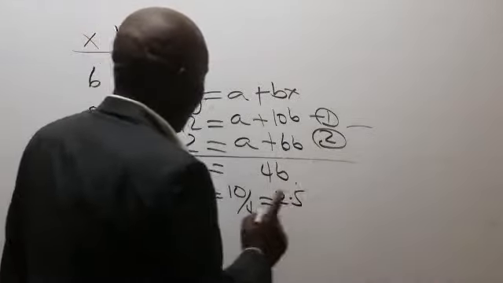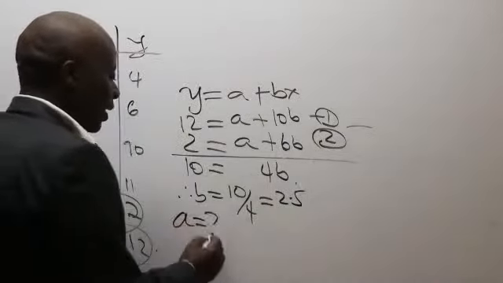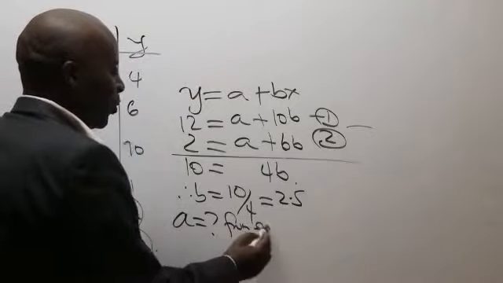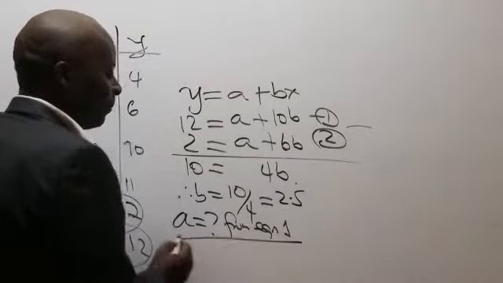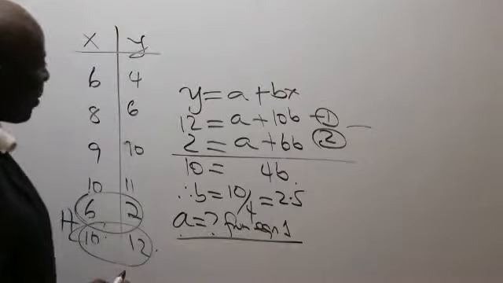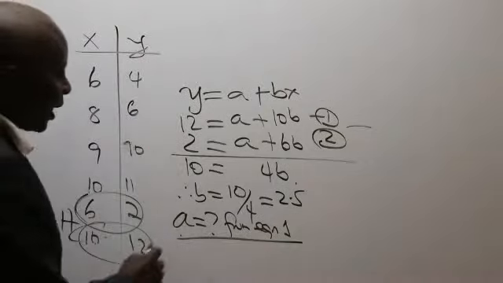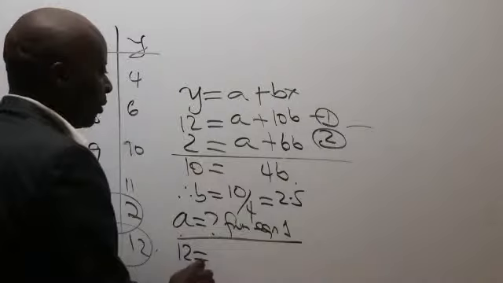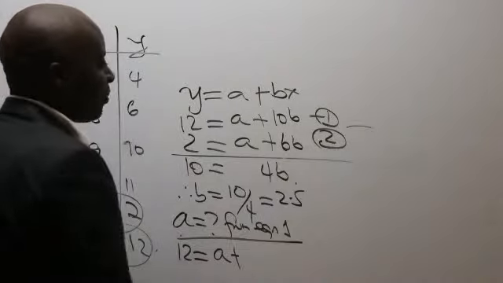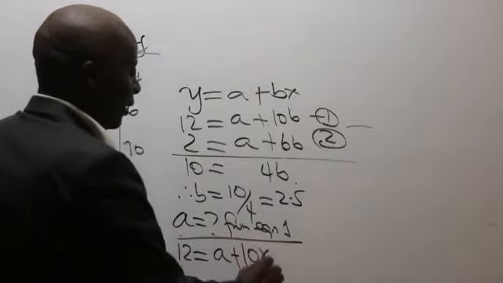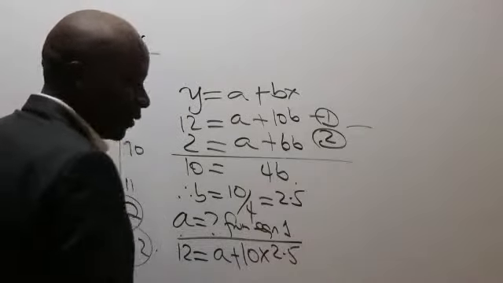So once I've gotten b, I should be able to get a very easily from equation number 1. It reads 12 equals a plus 10b, and b happens to be 2.5.